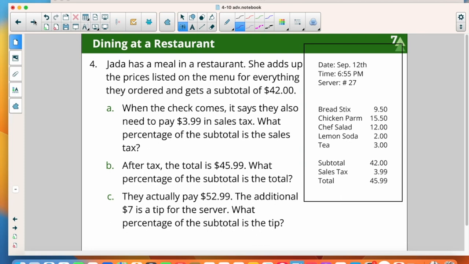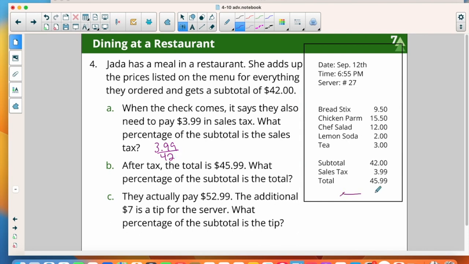Well, Jade is eating a meal in a restaurant, and she adds up the prices on the menu for everything that they ordered, and she got $42. When the check comes, it says they also need to pay $3.99 in sales tax. So what percentage of the subtotal is the tax? Well, we can just do $3.99 divided by 42.